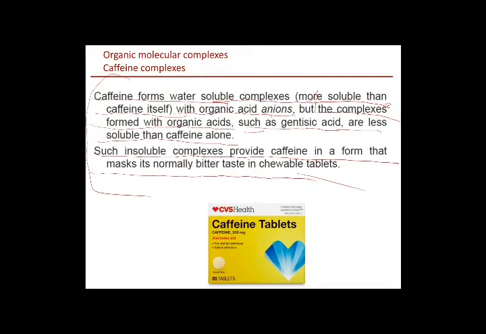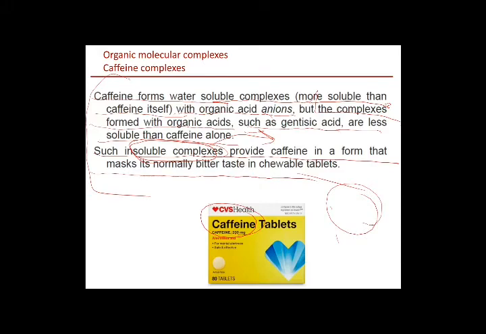We said that caffeine is really bitter. So how are these tablets not bitter, and you can chew them and enjoy them? How? Because they have made insoluble complexes of caffeine with something that makes the resulting complex less soluble than caffeine itself.